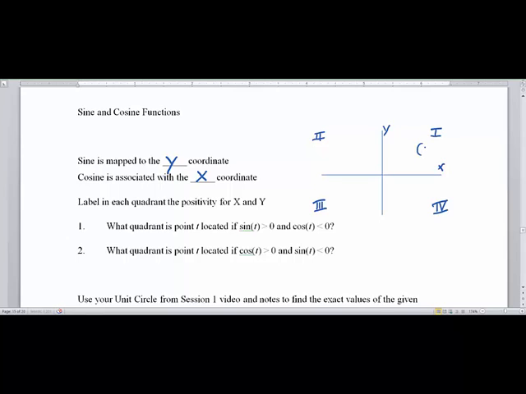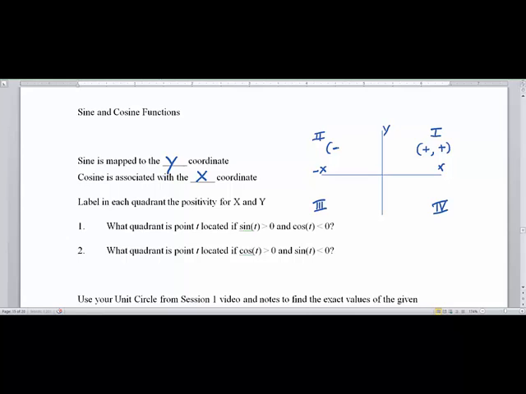So if we're looking at the first quadrant, our x value and y values are both positive. So our x is positive, so our cosines are positive here, and our sines are positive here. In the second quadrant, where our x is negative and y is positive, that would mean our cosines are negative, and our sines, I just put an x there. That's silly. What I wanted to do is just put the negative there.